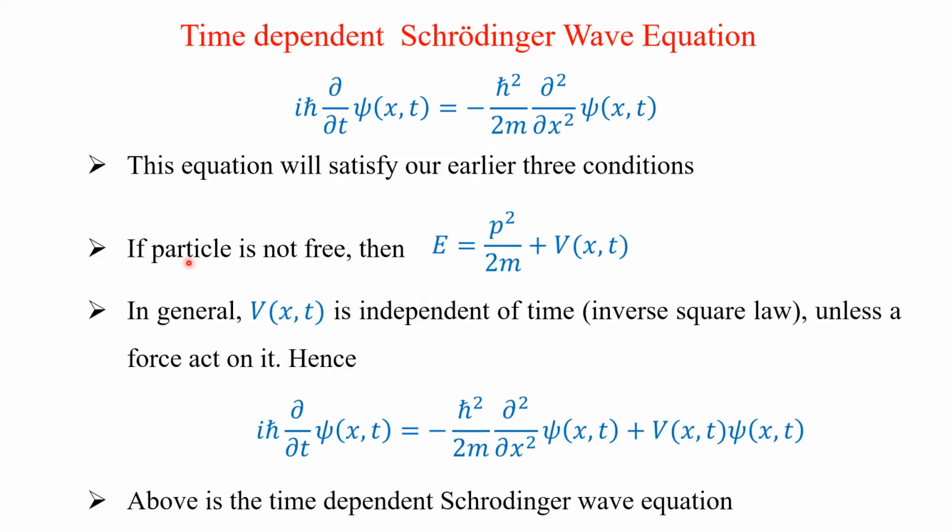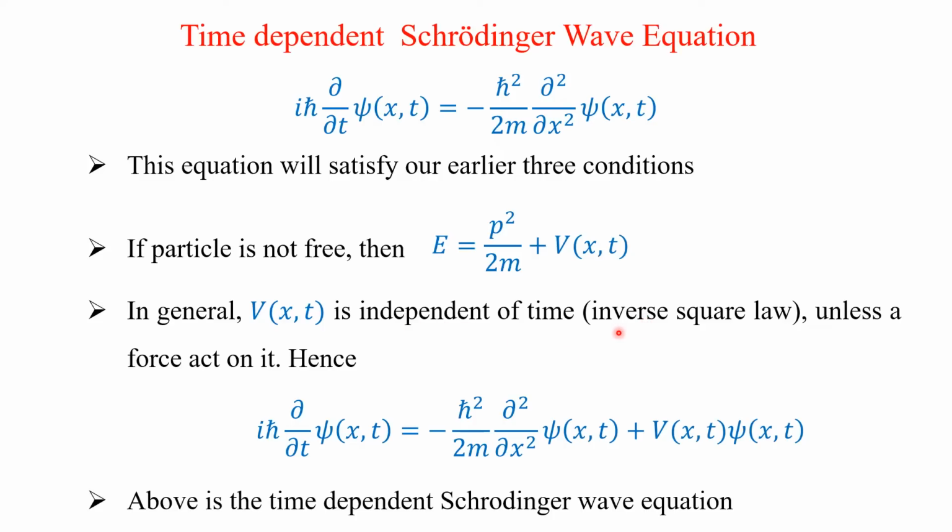Now assume a particle is not free, then E is equal to P squared over 2m plus V, which is a function of x and t. This is the potential energy. In general, V(x) is independent of time, according to the inverse square law.